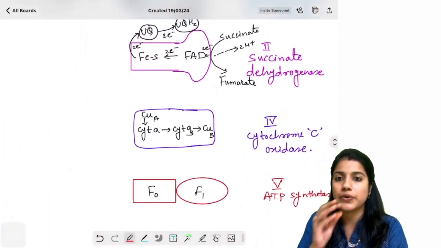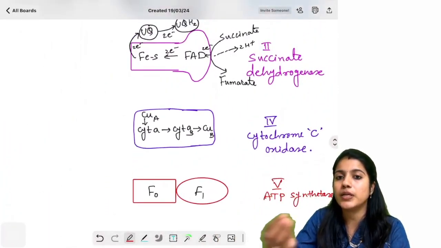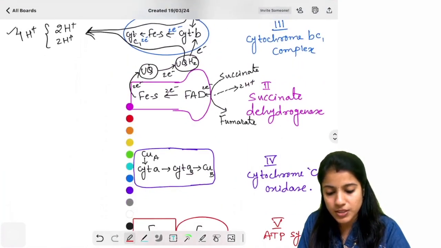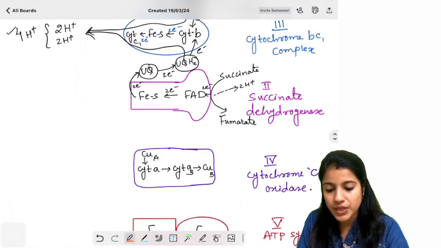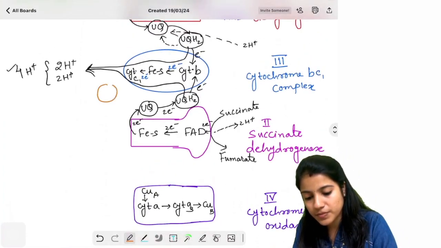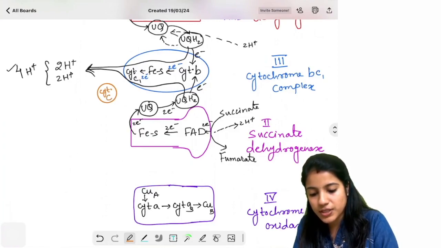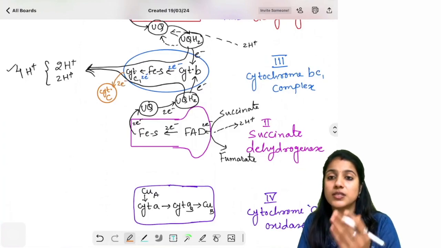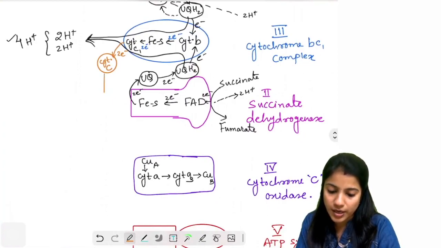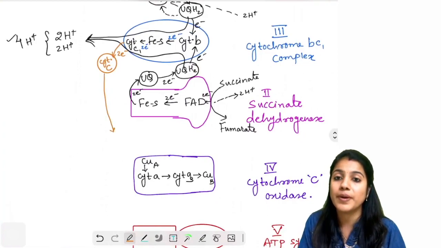They can carry electron from one place and they can go ahead and donate it to another complex. So now this cytochrome C is situated near to complex 3 here, right? This is cytochrome C. So this cytochrome C is receiving how many electrons? 2 electrons it is receiving from cytochrome C1 complex and it is going ahead near to the complex 4.